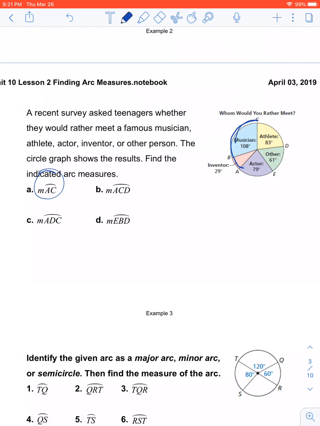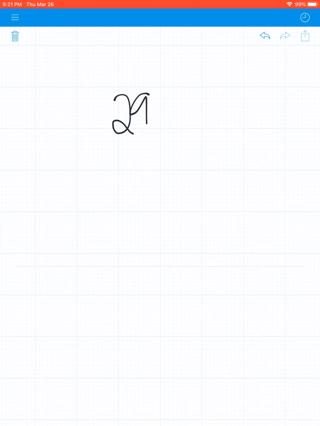So from A to C would mean I'm going to take 29 plus 108, and 29 plus 108 gives me 137.